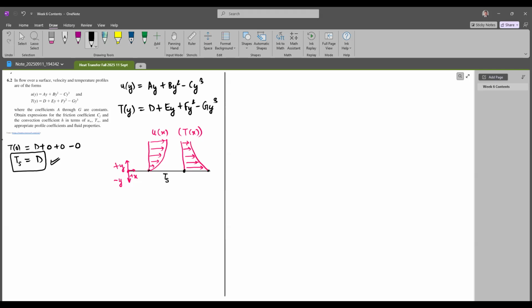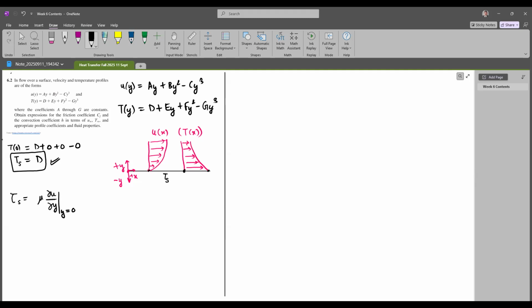Now next, they're asking us to calculate the friction coefficient. For the friction coefficient, what do we need? We need the shear stress, like we discussed previously. What's the formula for shear stress? Tau s is mu times dou u over dou y at y equal to 0, right?